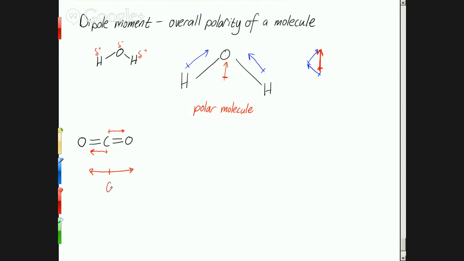They cancel. So we end up with nothing. You got the equal amount this way, and then the same amount this way, you end up where you started. So carbon dioxide is actually non-polar. It has polar bonds in it. The carbon-oxygen bonds are polar, but they cancel each other out. And so the overall molecule becomes non-polar.